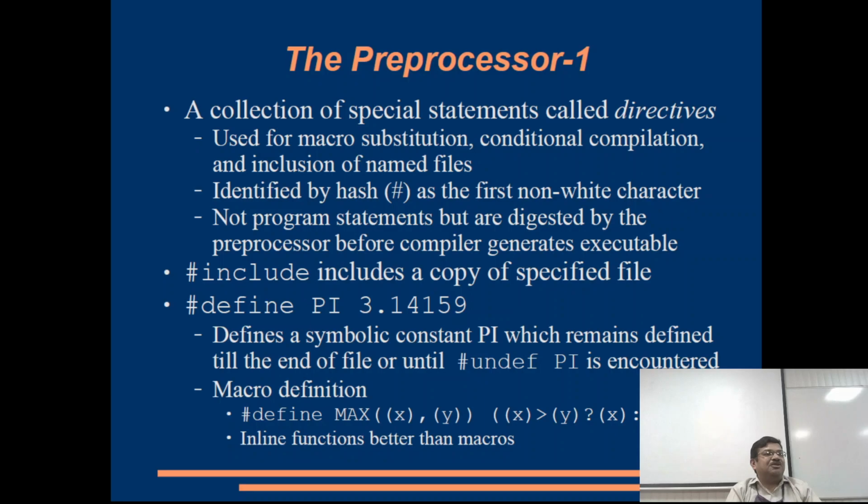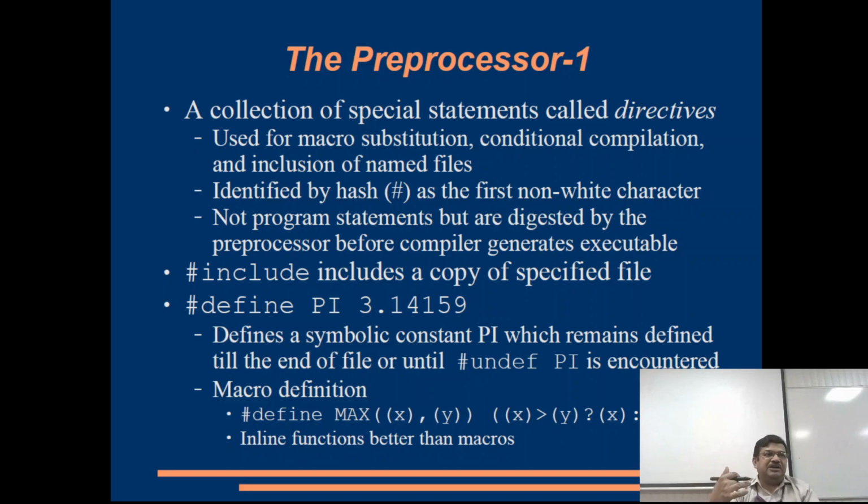Undef is a shortened format. First we define pi, which is mapped to a constant 3.14159. So as long as this remains in force, every instance of pi will be interpreted as equal to 3.14159.